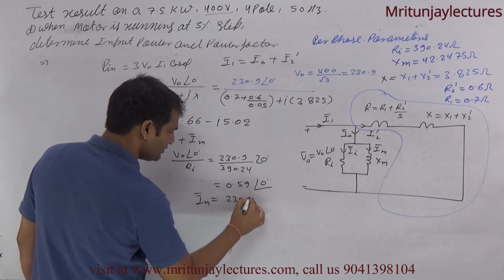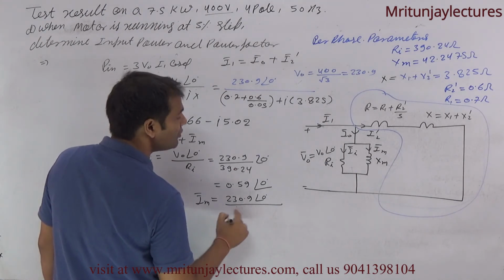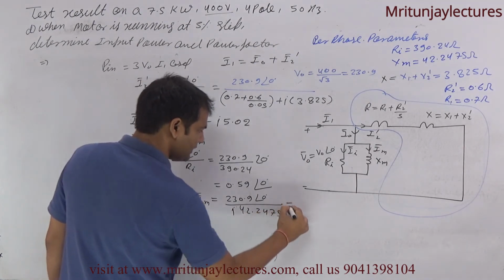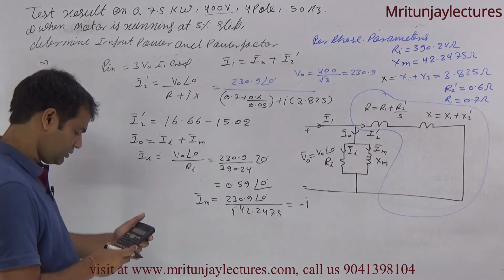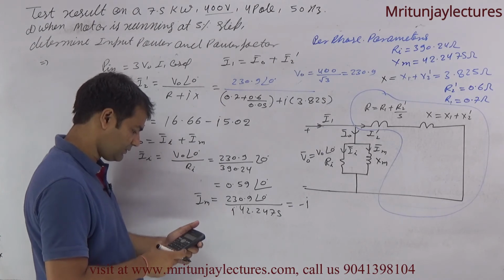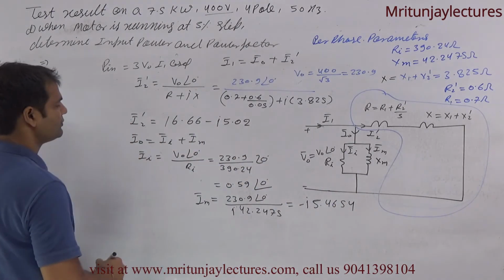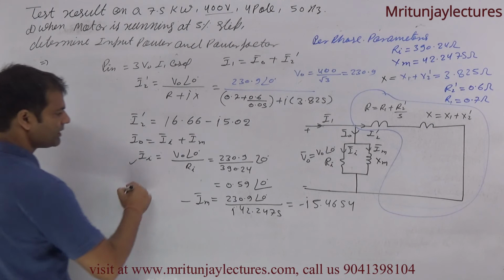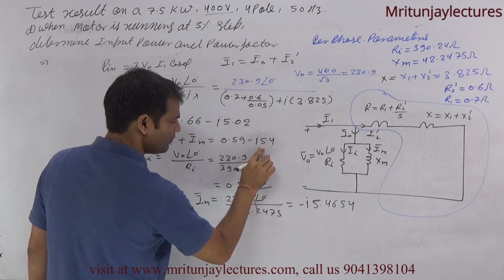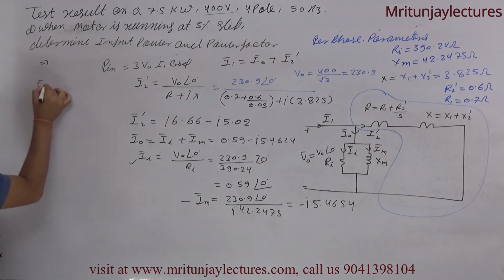That is 230.9 at the angle 0 divided by jXm. Xm is 42.2475. So finally minus j 230.9 divided by 42.2475, that is 5.4624. So finally 0.59 minus j 5.4624.